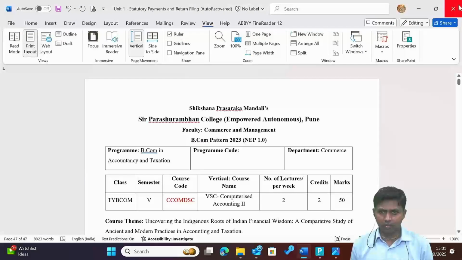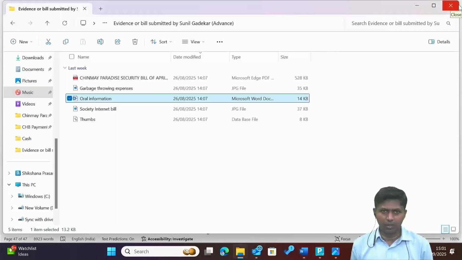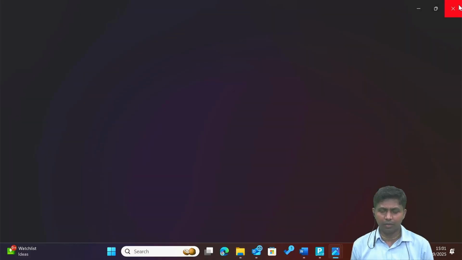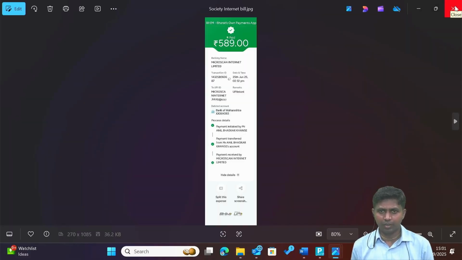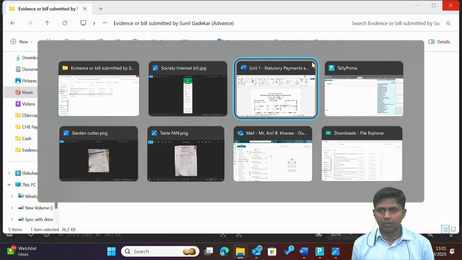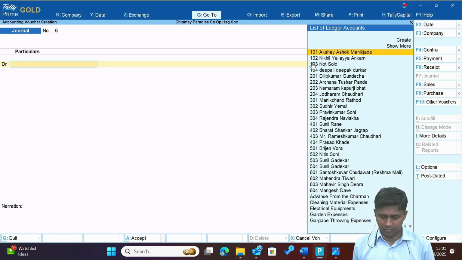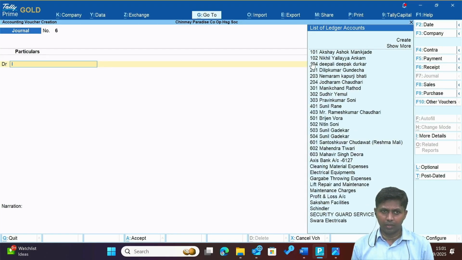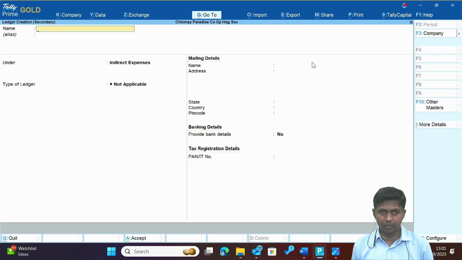Now next, what do we have next? We have the society internet bill, and this is also paid by the chairman. In the Tally journal, internet bill, internet, that means what? Telephone and internet, phone and internet we'll say. In the current environment, you will not find a regular telephone box, but you will find mobile.